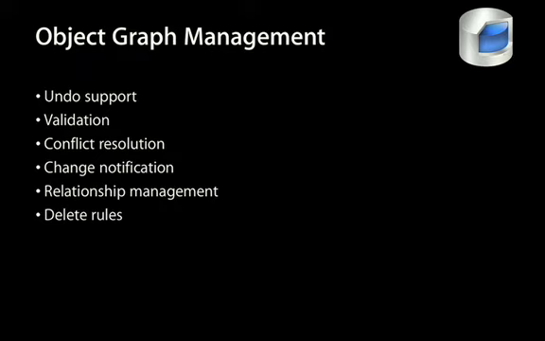And before we wrap up with Core Data here, I wanted to talk a little bit more about this object graph management business. Everything you do with Core Data takes place within a managed object context. And this managed object context provides a lot of functionality for you automatically. It has undo support, so any changes that are made to your model objects automatically support undo. It has well-defined hooks for validation and for conflict resolution.